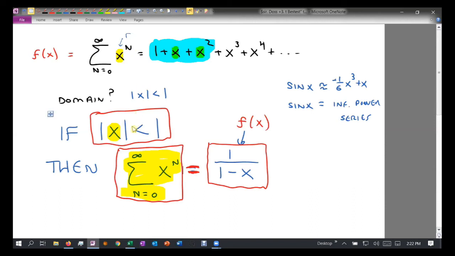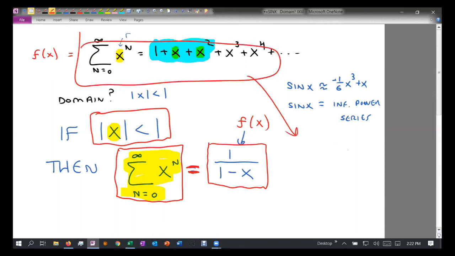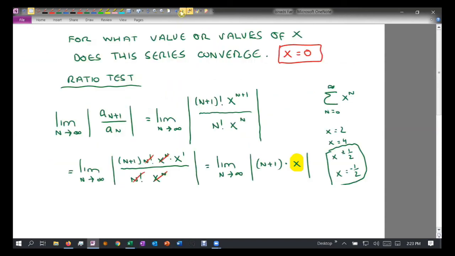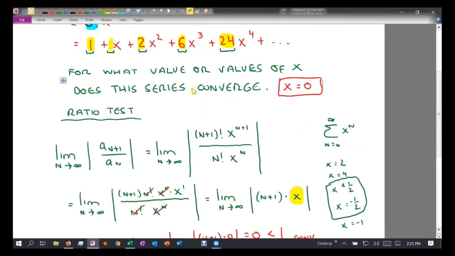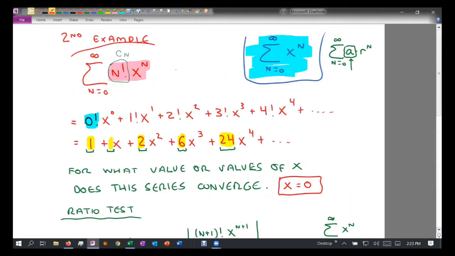So visually, on a number line, so long as we plugged in numbers between -1 and 1, that series would converge. What are we saying on this example? That only that one point converges. This series right here only converges, if you look at the number line, at one point.